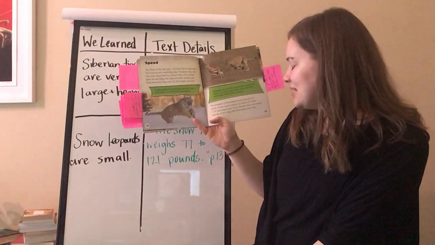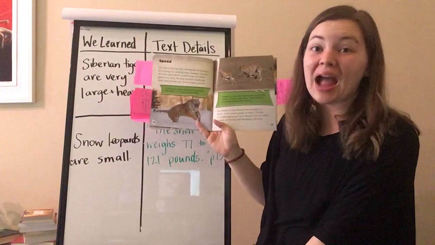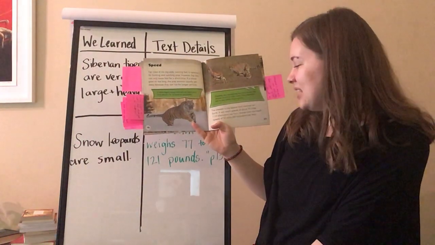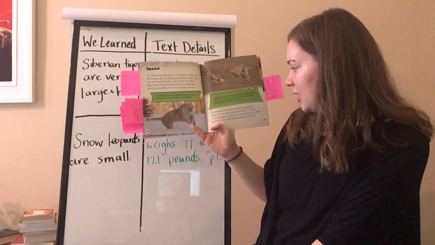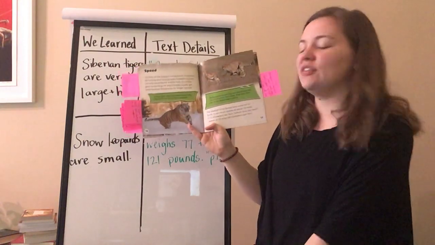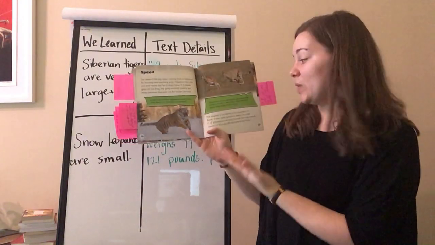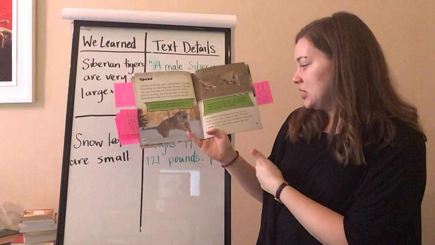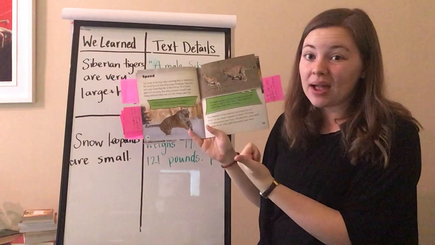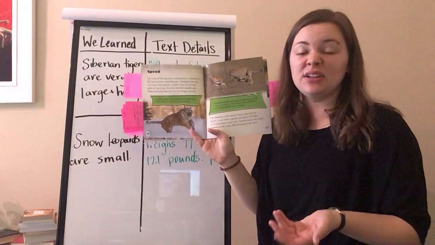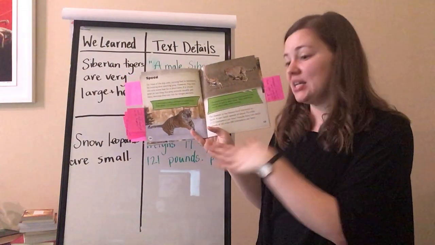It can reach speeds of about 70 miles per hour. Female lions can reach speeds of 50 miles per hour. Wow, that's a difference that we can contrast between cheetahs and lions. Cheetahs can go about 70 miles per hour, but lions can only go about 50 miles per hour. That's one difference between cheetahs and lions.